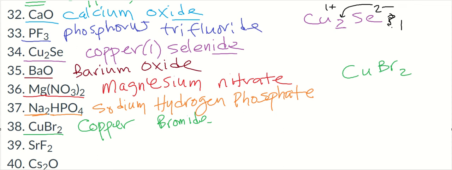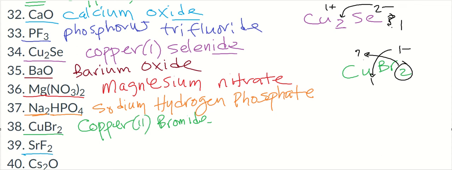We know bromine is a halogen, so it has a 1 negative charge. That 1 is the subscript down there that we don't write, because in chemistry we don't write 1s. So what must the charge on copper be for this 2 to be there? That 2 came from the charge on copper, so this is copper 2 bromide.